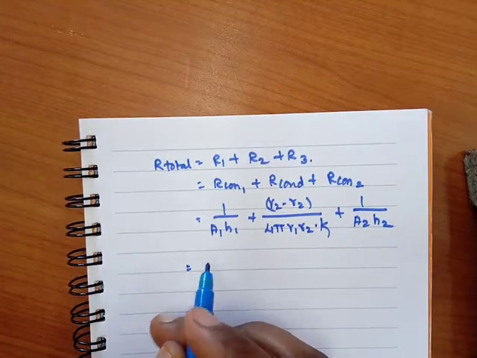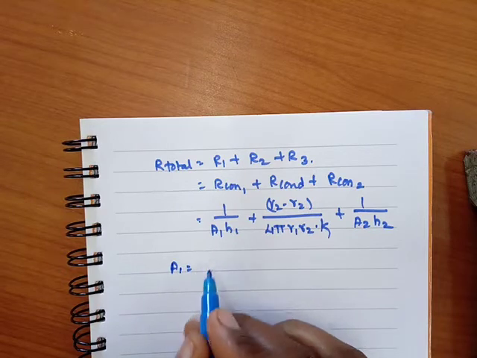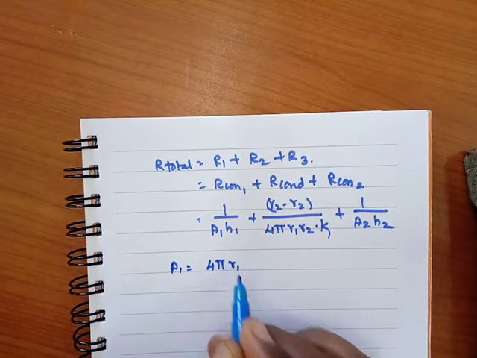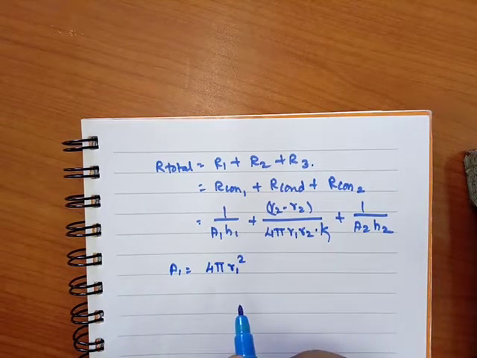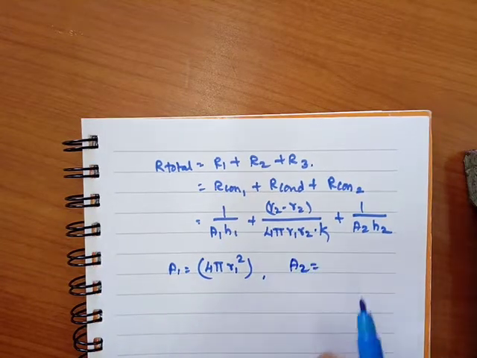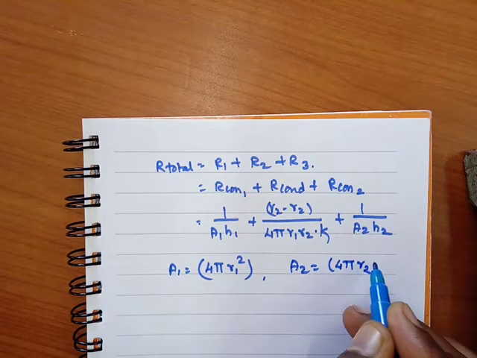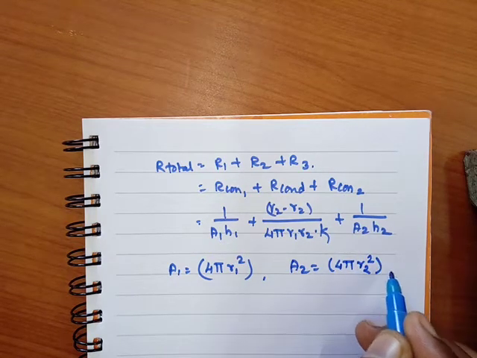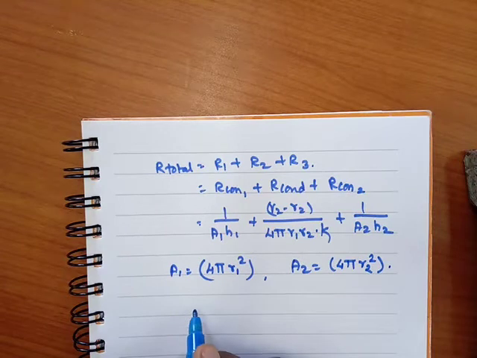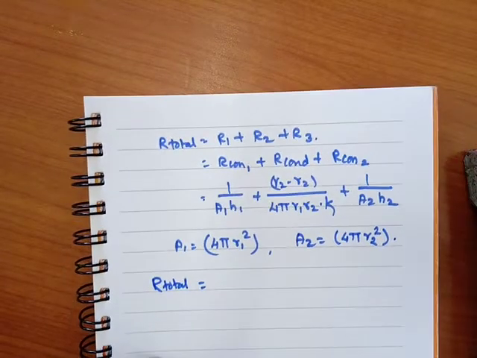So we know that surface area for this sphere A1 is equal to 4 pi R1 square. Okay, and A2 is equal to 4 pi R2 square. Okay, we'll substitute in the formula the total thermal resistance into the sphere.